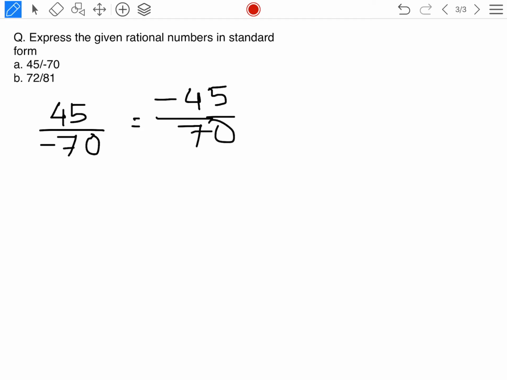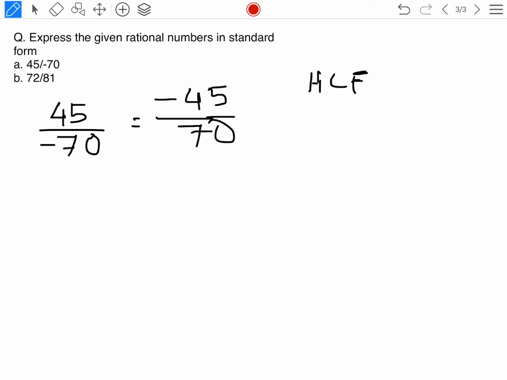Okay, next step, you need to find the HCF of 45 and 70. Now what is HCF? HCF you have studied in lower classes. HCF means highest common factor. Now how to find HCF?